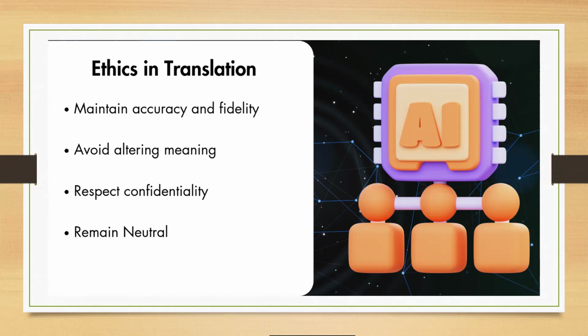I have seen many translators who wrote a note explaining why they were using such a word. That is related to cultural awareness. We also have to respect confidentiality, folks, especially in the medical area, and remain neutral.